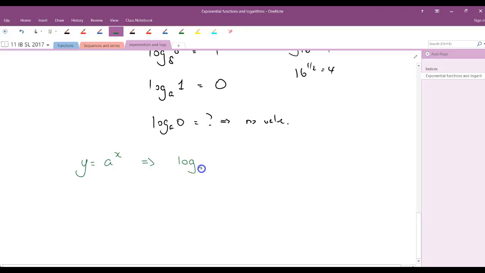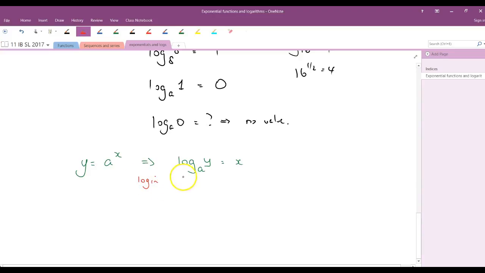Your base holds, and then it goes from there. A to the power of x equals this value here. So this statement and this statement are exactly the same. This is logging in, and this is logging out. That's how I'll refer to this maneuver.